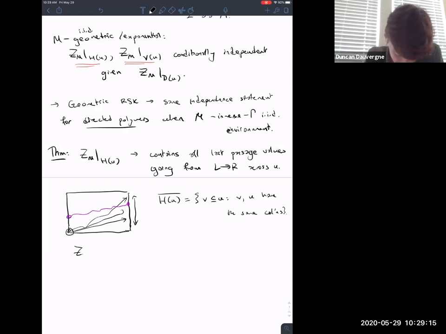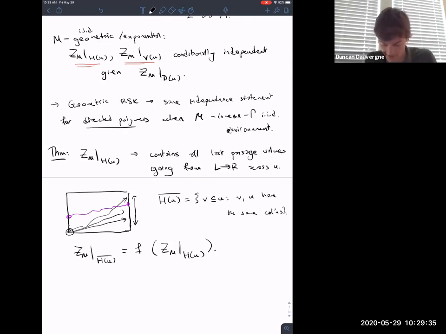So the point is that Zm on the set H bar of U is actually some function of Zm on the set H of U. So there's some explicit function f, which takes the last passage values from the corner and gives you all last passage values from one side to the other.